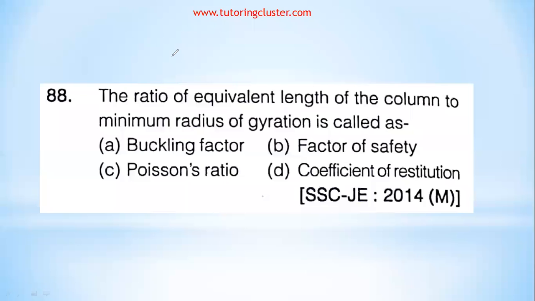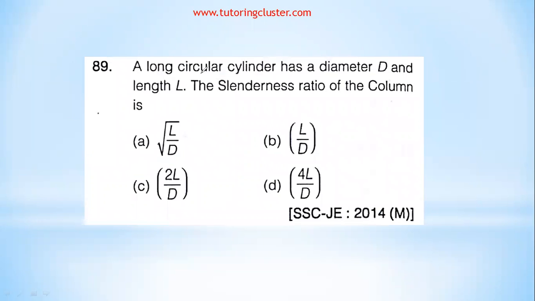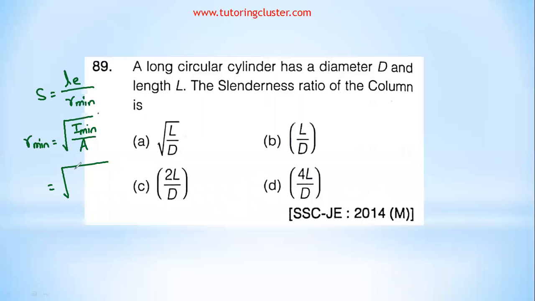89. A long circular cylinder has a diameter d, length l. The slenderness ratio of the column is? What is slenderness ratio S? Just now we have seen, it is equivalent length to the minimum radius of gyration. Now how to calculate r, the minimum radius of gyration? It equals square root of I minimum divided by A. For a circular cylinder, what is I?